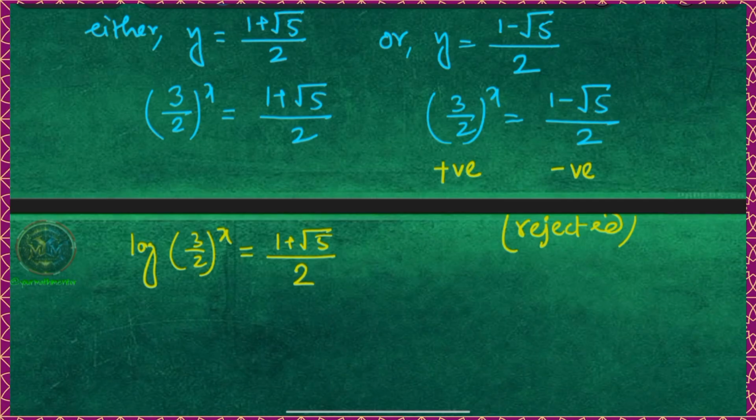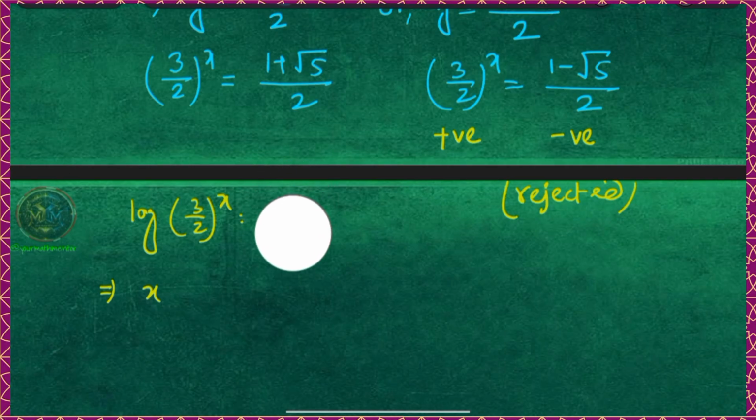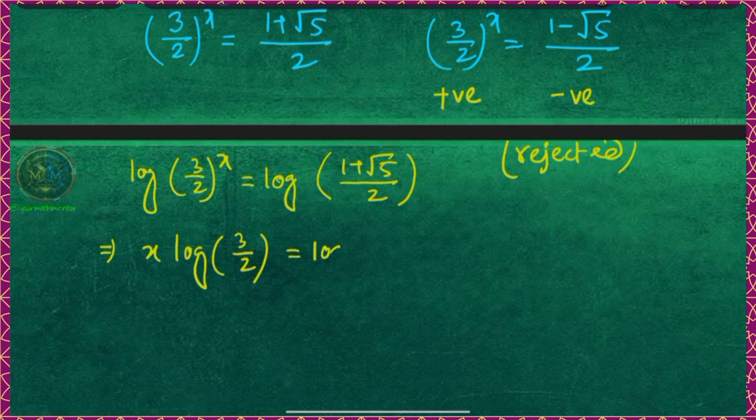Taking log on both sides, x log of 3 by 2 equals log of (1 plus root 5) by 2.